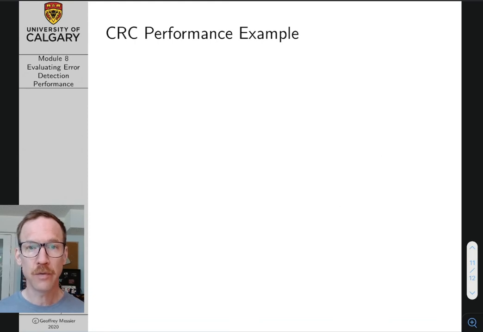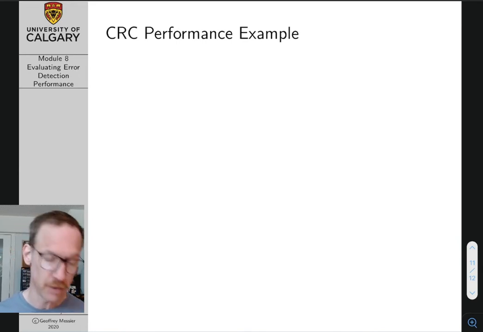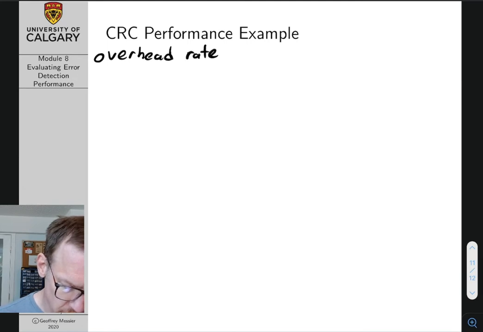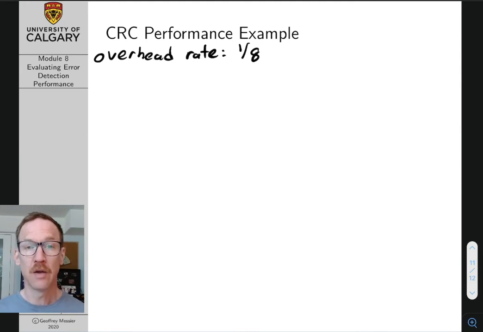Okay, so let's do a CRC performance example. Now, to be a fair comparison with the parity check code, let's assume an overhead rate of 1 over 8. So that means 1 CRC checksum bit for every 8 data bits.